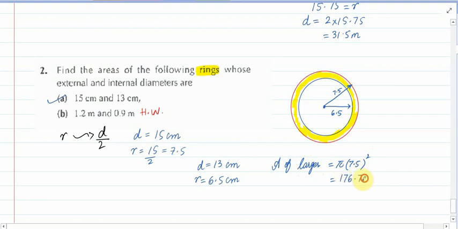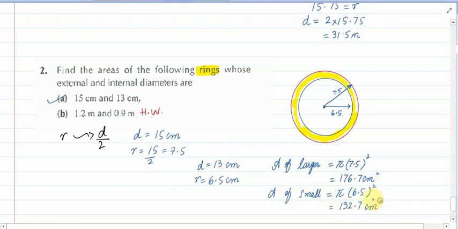And the unit is centimeter square. Similarly I will find the area of the smaller one. It's simple, pi r square, and the radius is 6.5. So 6.5 square into pi, it's 132.7 centimeter square.